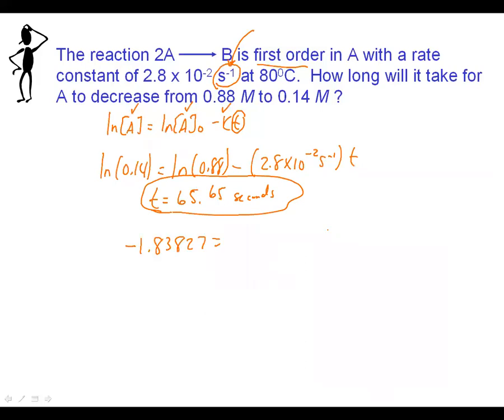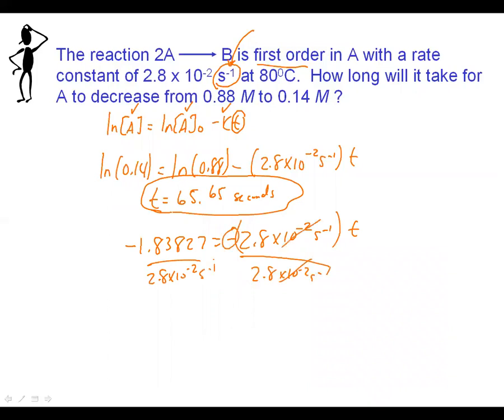Then obviously I divided this to both sides. Those canceled, along with the negative, which is how we got to our positive number. Any questions on that one?